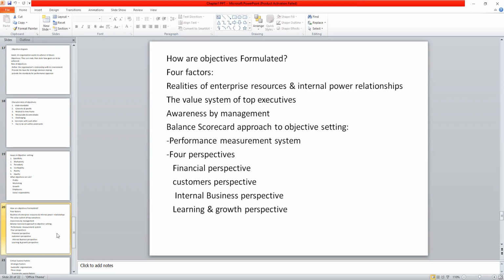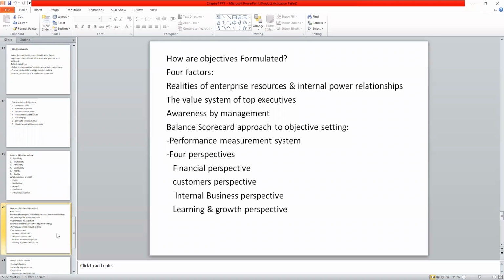So when one thinks of having a performance measurement system like a balanced scorecard, it also helps to set objectives from these four perspectives. It helps the management to take the individual perspectives into account.